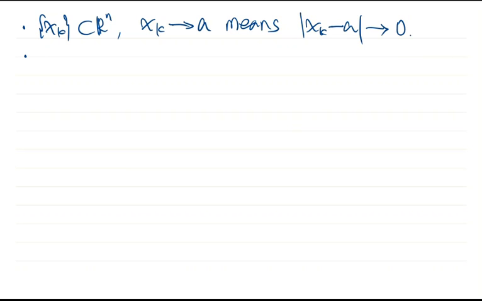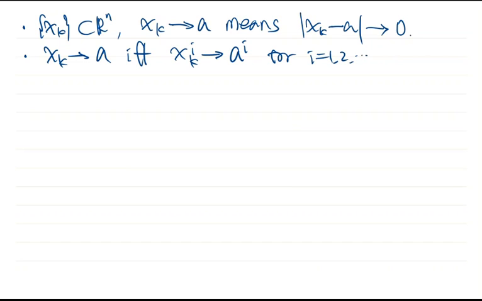And we have proved that xk converges to A if and only if it converges to A component-wise for i equals 1, 2 until n.